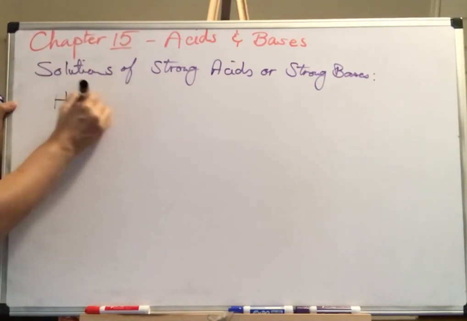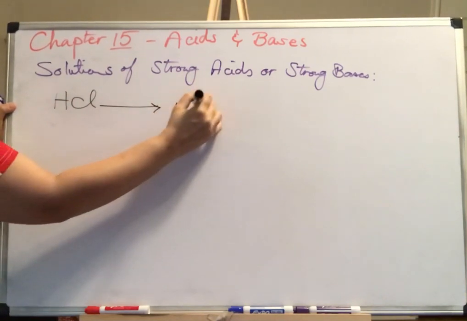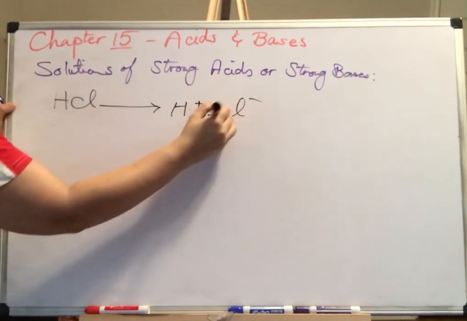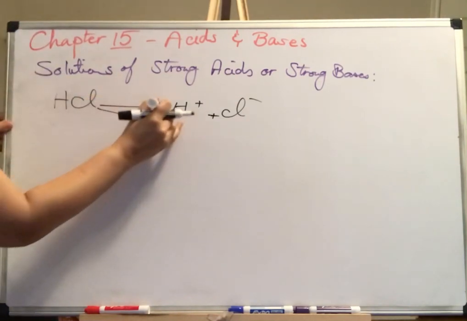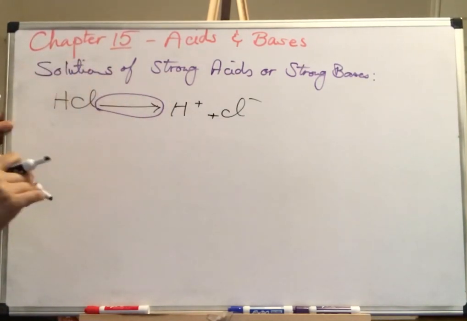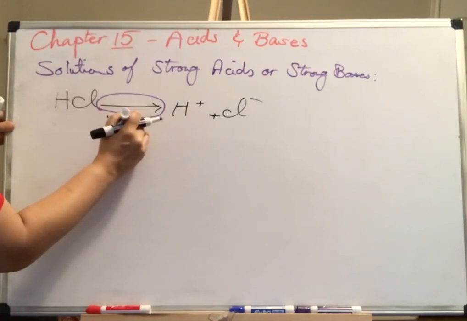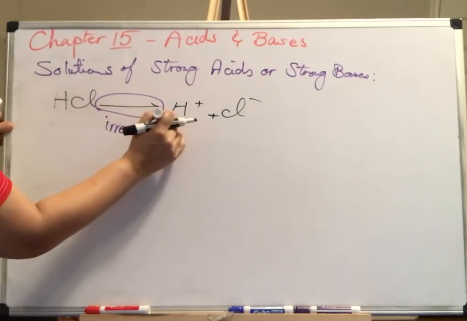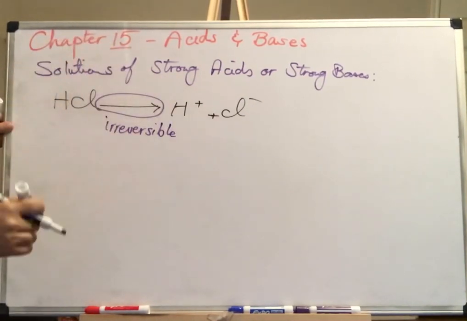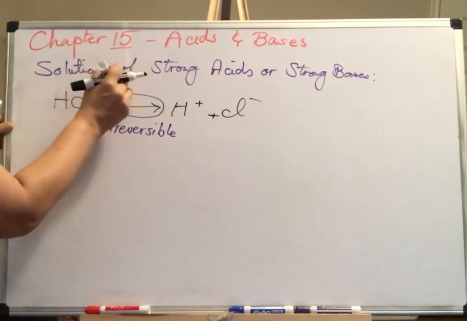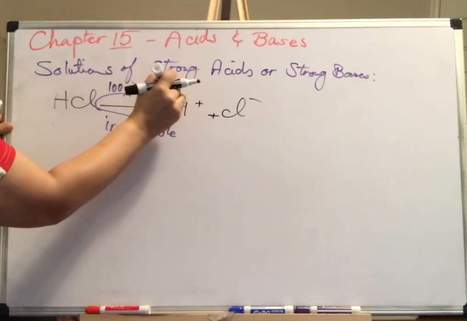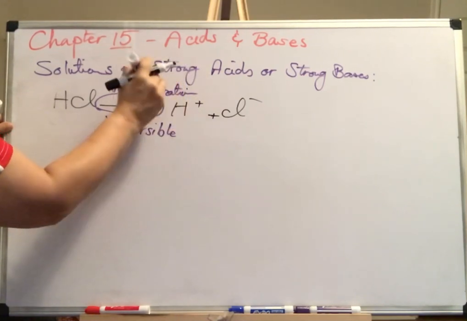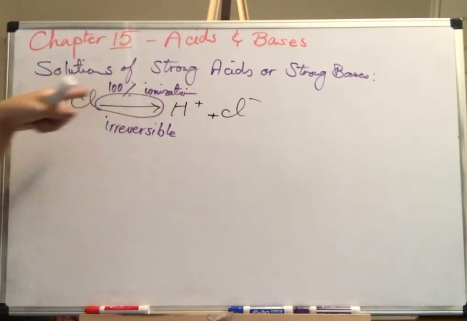Let's say like HCl. For a strong acid, you will see this arrow. It's called an irreversible reaction, which means 100% ionization. You don't see an equilibrium sign, right? It's just a one-way arrow.